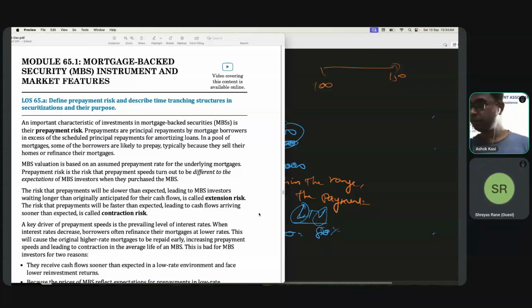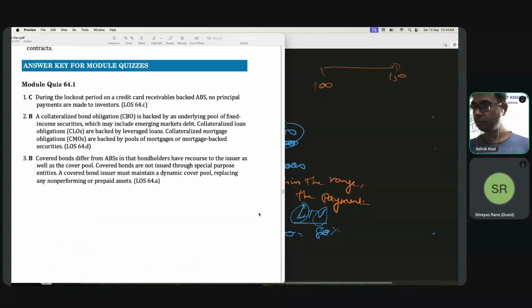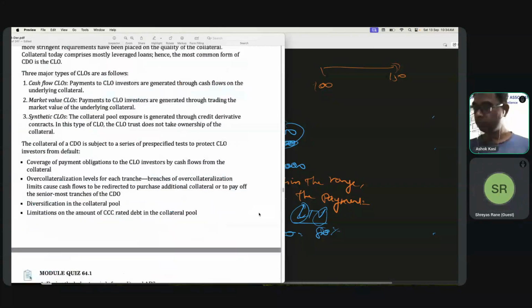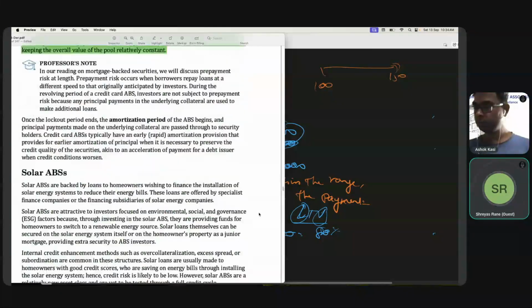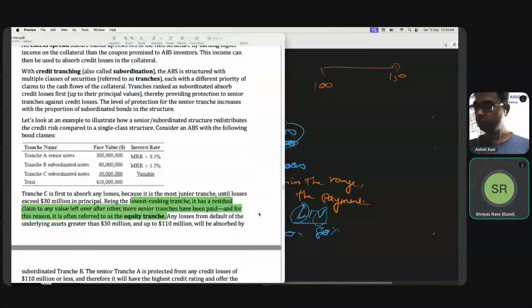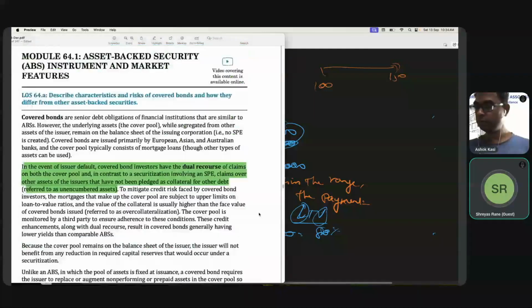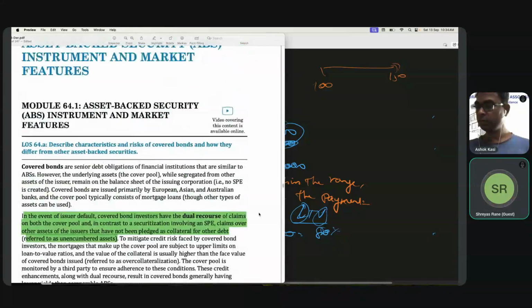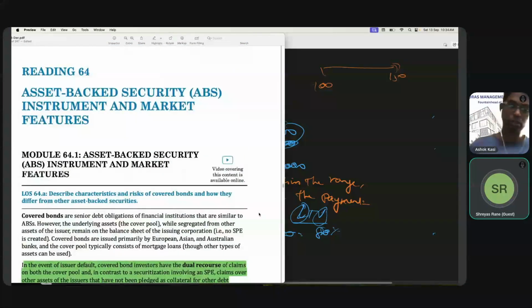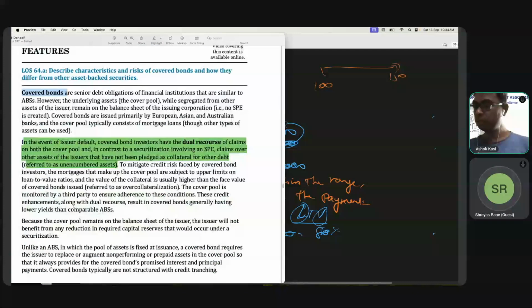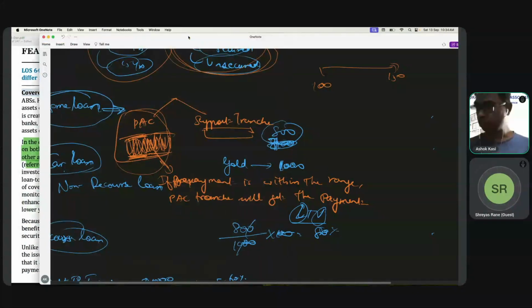Then the previous one, asset-backed securities. So asset-backed securities, same concept, but backed by personal loans and all those. So covered bond here, what does covered bond mean?